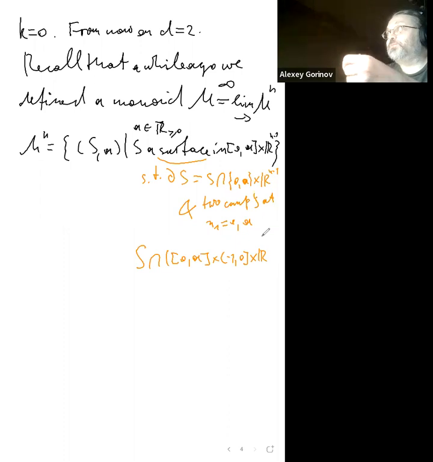Well, not quite R. 0, 1, and -2. So the bottom half of S is the same as the bottom half of the standard cylinder.